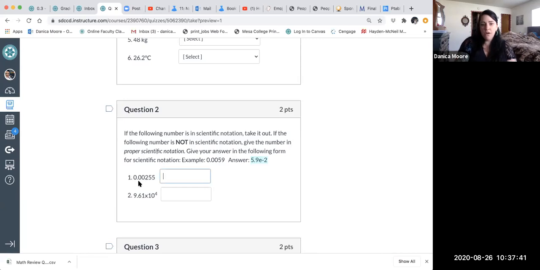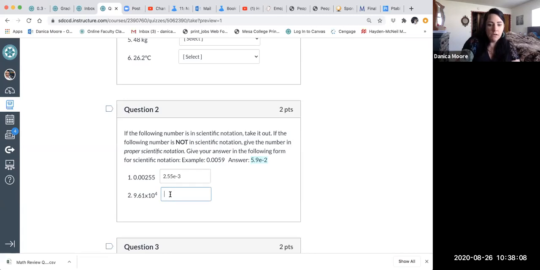So for this one, for example, we'd move the decimal place over 1, 2, 3 times, right? So you would end up with 2.55 e to the negative 3, right? Negative because it's a very small number, right? Here, you'd be taking it out of scientific notation. There were a couple of weird things that I saw people doing.